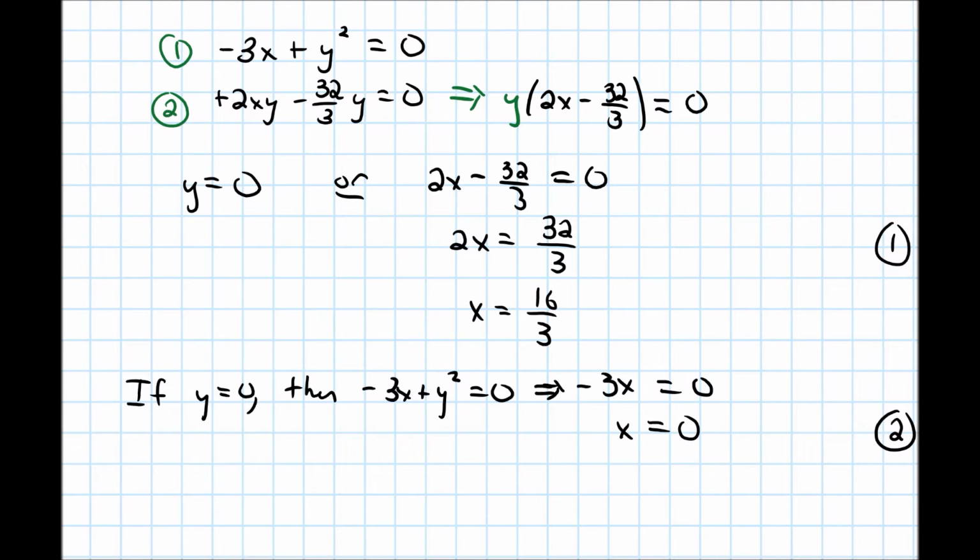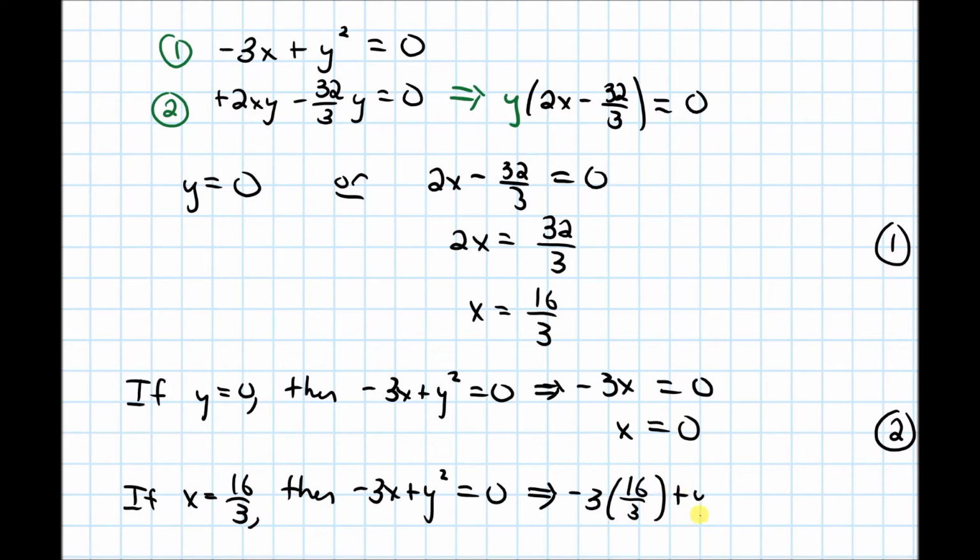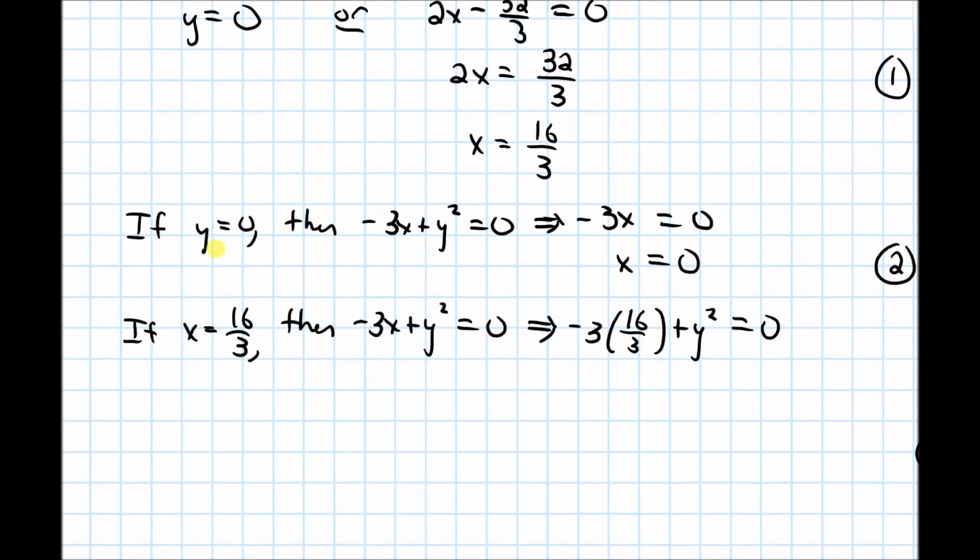All right, let's do the same thing for the other point. So now if x is equal to 16 over 3, then from the first equation, negative 3x plus y squared equals 0, plugging into that, that implies we'll get negative 3 times 16 over 3 plus y squared equals 0. And I can simplify this.